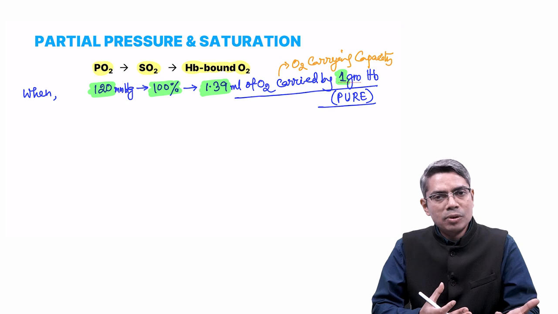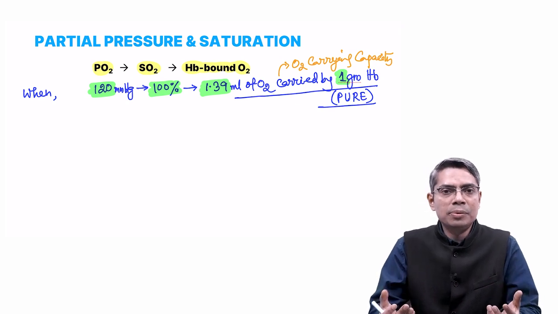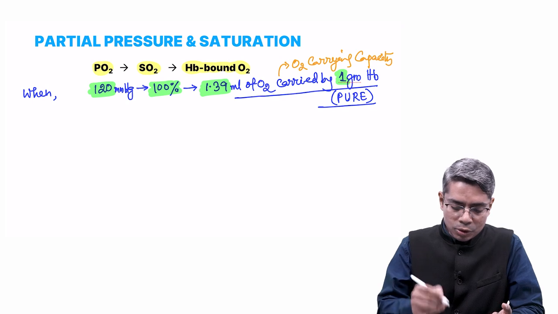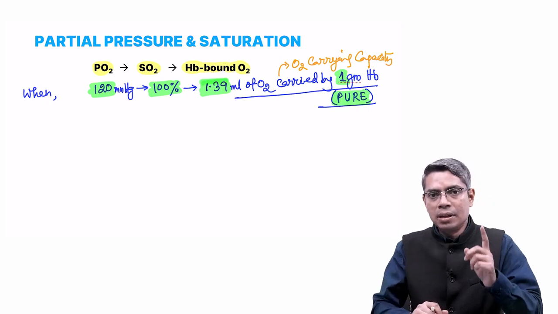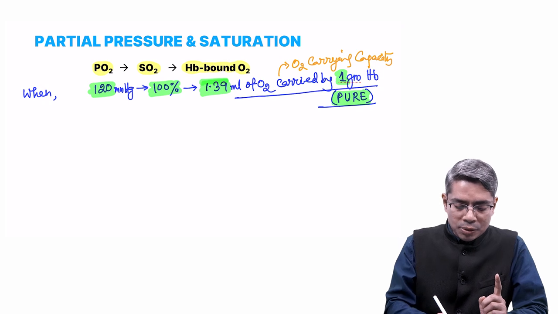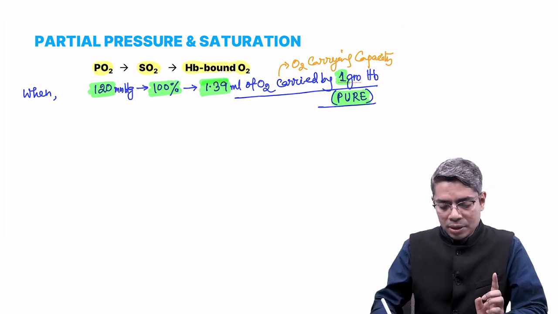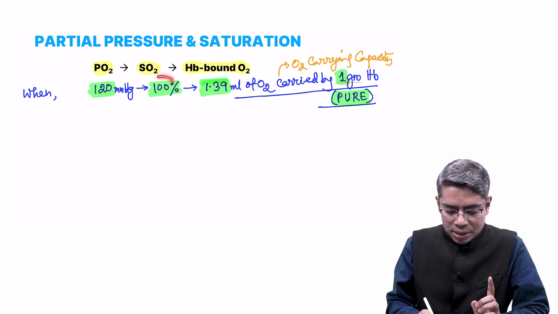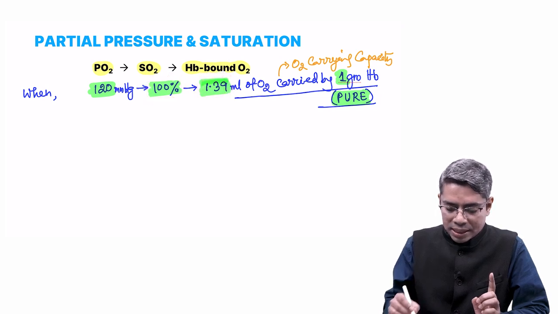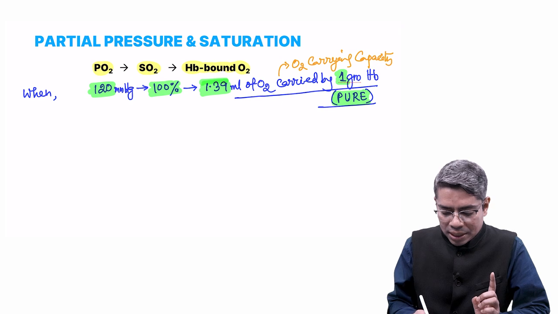So some methemoglobin will be there in your blood, and some of the hemoglobin will be in the carboxyhemoglobin form. So the bottom line is that although we are discussing that 1 gram of pure hemoglobin is going to carry 1.39 ml oxygen, in real life pure hemoglobin is not there in our blood. So although pure hemoglobin, if it is 100% saturated, can carry 1.39 ml oxygen, we have to think of the real life scenario.